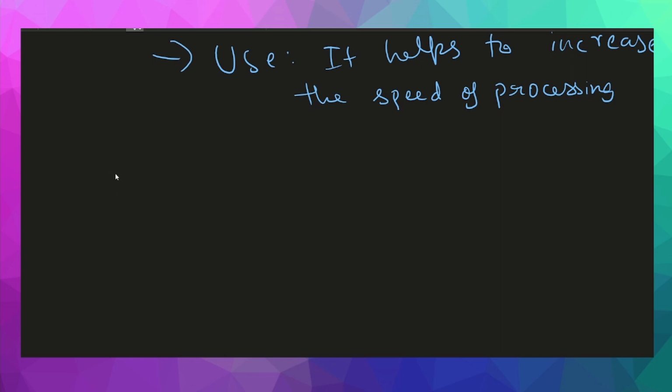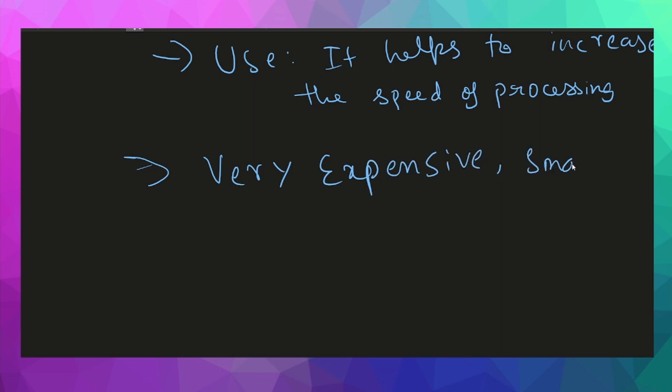You know how it works, you know how the world is. It is very expensive, so smaller in size. Remember this point: if anything is expensive, then it'll be present in the computer in a smaller size. The RAM is very expensive, so it is present in a smaller size. The secondary memory is not that expensive compared to the other two, so it's present in a larger size.